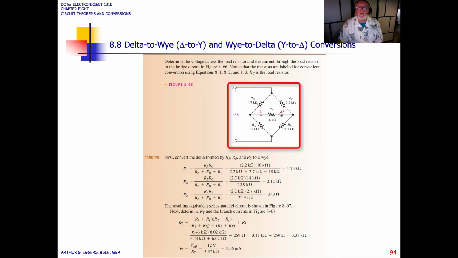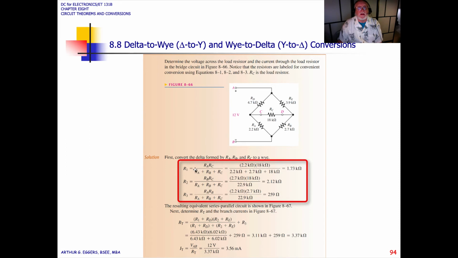In this example, you can see they've asked us to do the same thing. RA, RB, and RC, we do the same steps that we did previously for a delta to a Y. R1 becomes 1.73, R2 becomes 2.12, and R3 becomes 259. So 1.73K, 2.12K, 259.